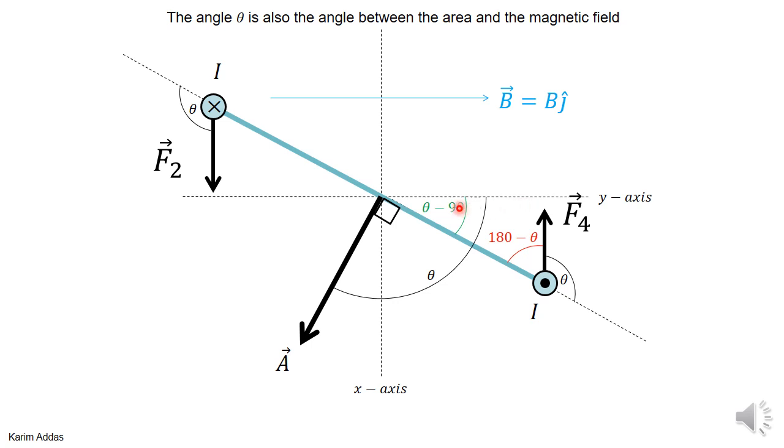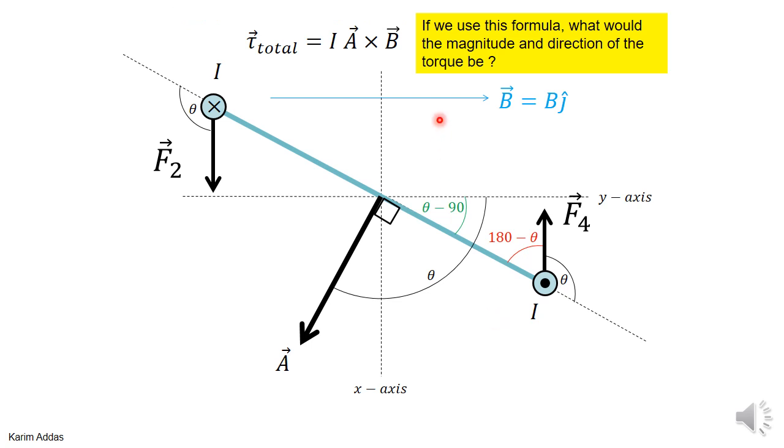Now if you take this angle that's theta minus 90 and add to it 90 degrees, which gives you this whole angle, you get theta. So this angle is also theta. It's the angle between the area vector we just defined and the magnetic field vector, which is along the y-axis.